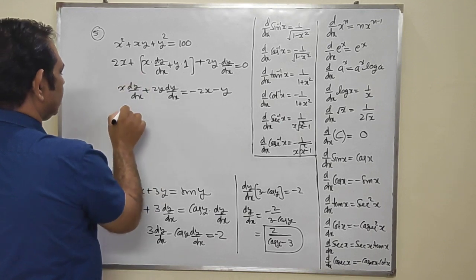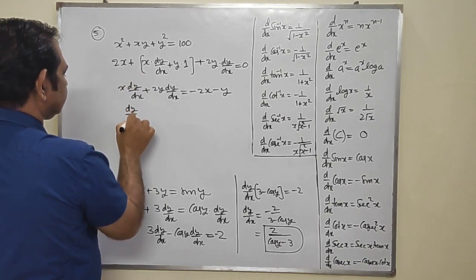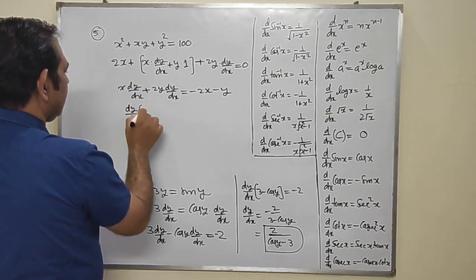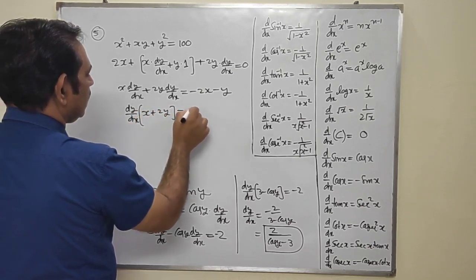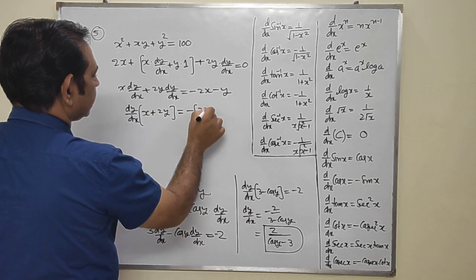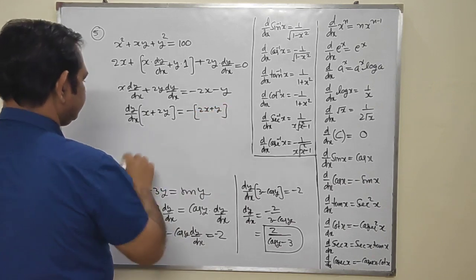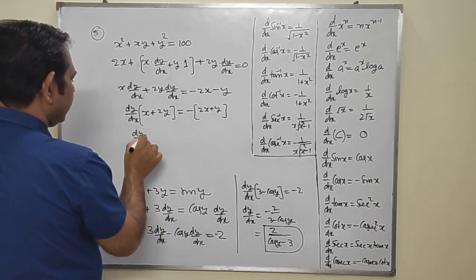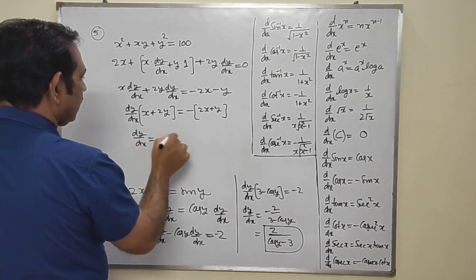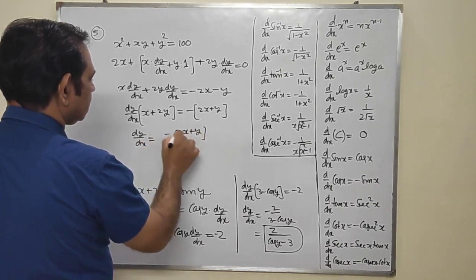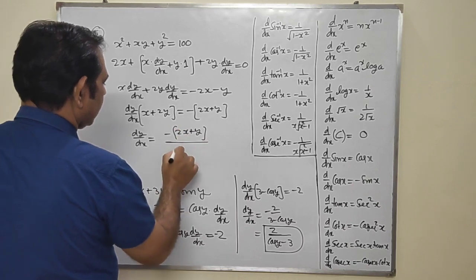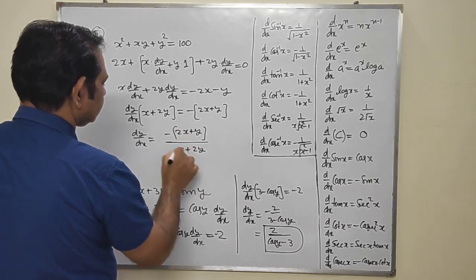Take dy by dx common. x plus 2y is equal to, take minus common, 2x plus y. And dy by dx will become minus (2x plus y) upon (x plus 2y).